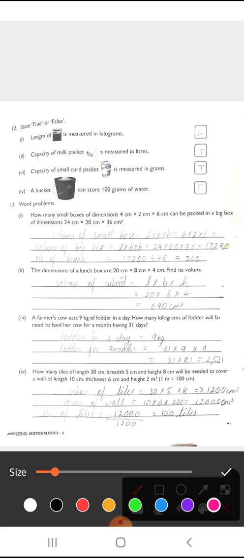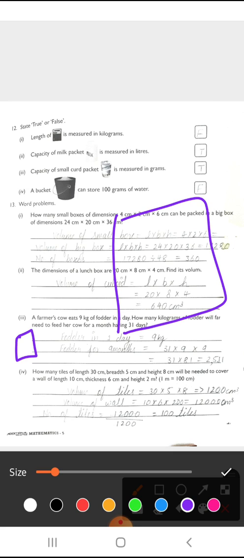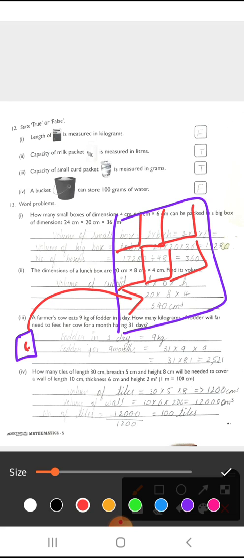Now children, you can see small tiles are given, and their length, breadth and height are given, and a wall is given and the length, breadth and height of the wall are given. You have to tell how many of these tiles will fit inside this wall, means how many tiles will be required to completely fill this wall.